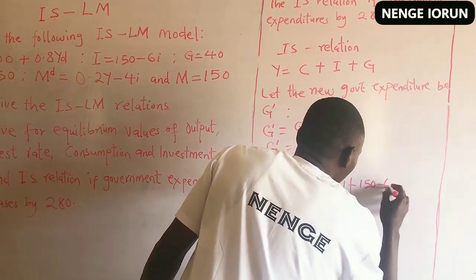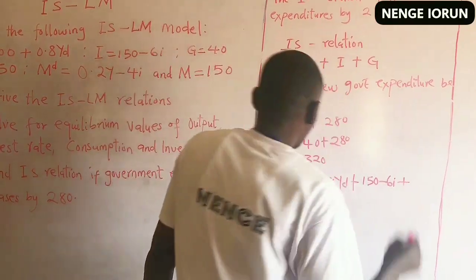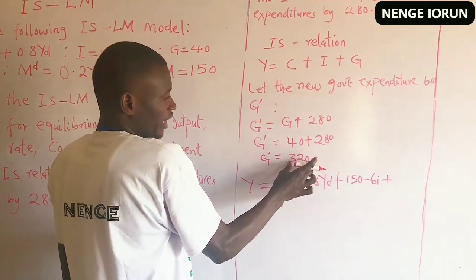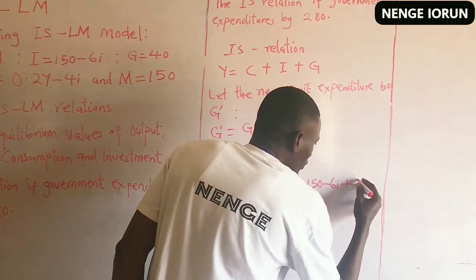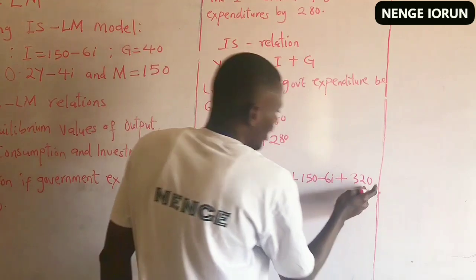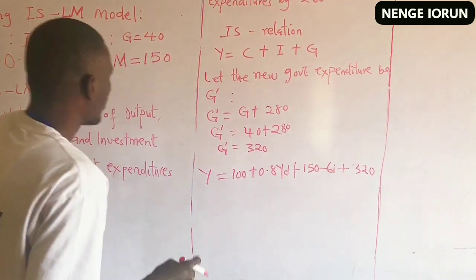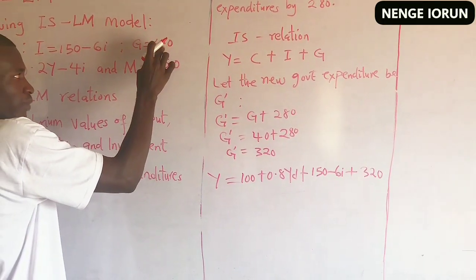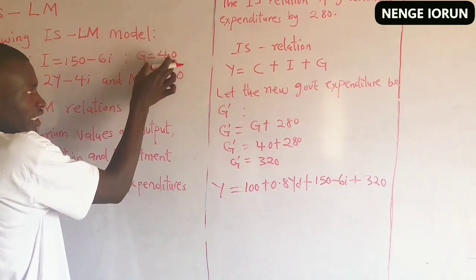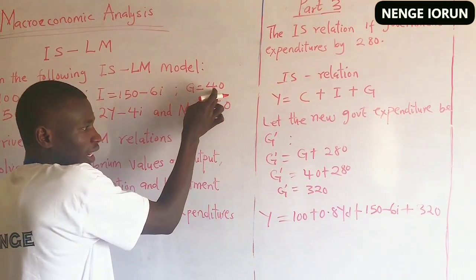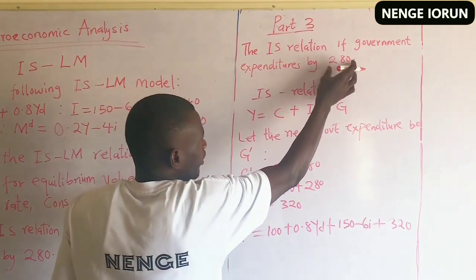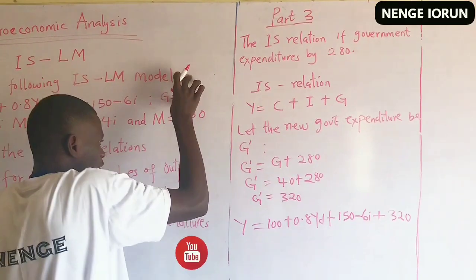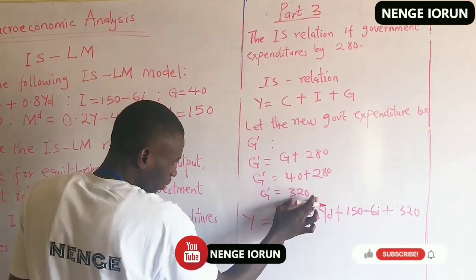Then plus the new government expenditure, which is what? 320. This part is very, very important. This was the part we used in part 1, the government expenditure. And the increment of 280 on 40 is now 320.